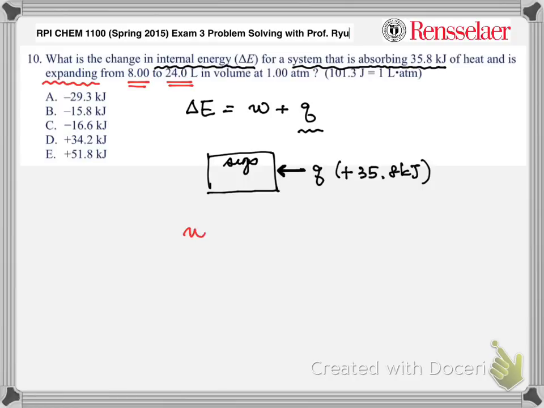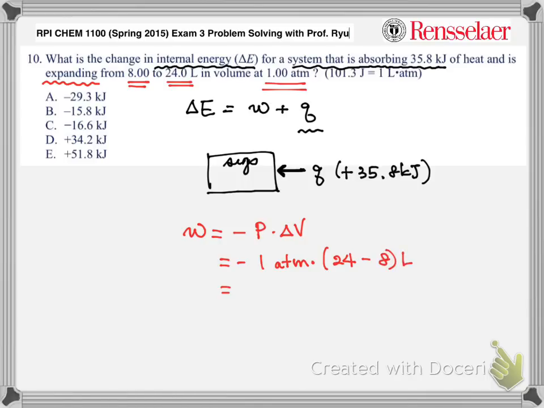So the work is minus P external times the delta V, and the pressure here is 1 atmospheric pressure, so 1 atm, and the final volume was 24 and the initial volume was 8, and the unit is liter.